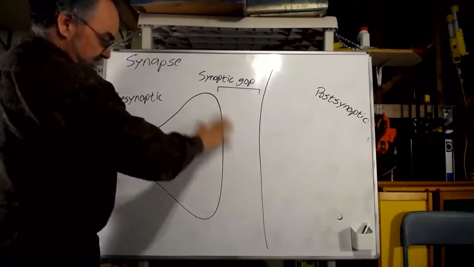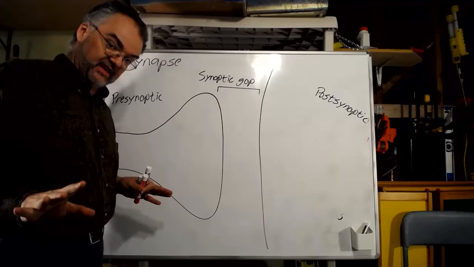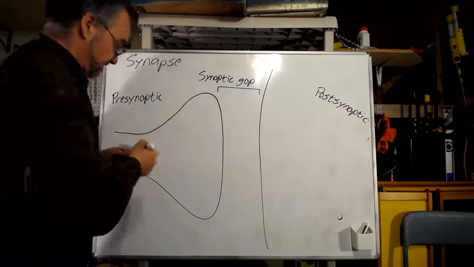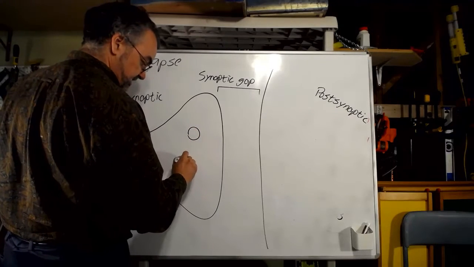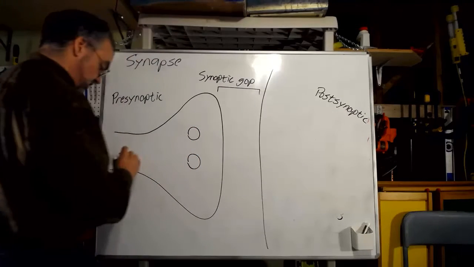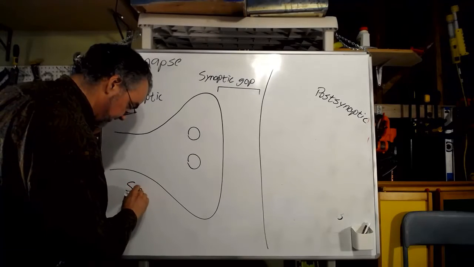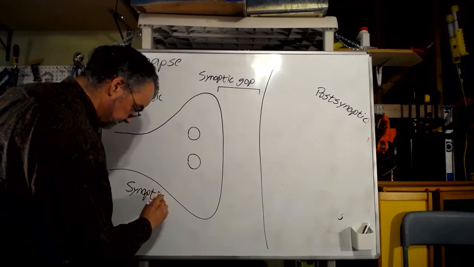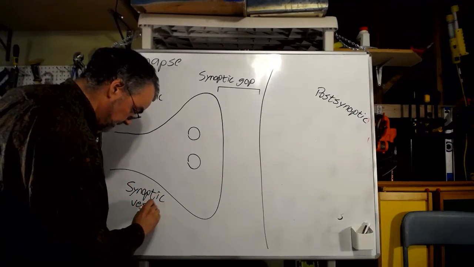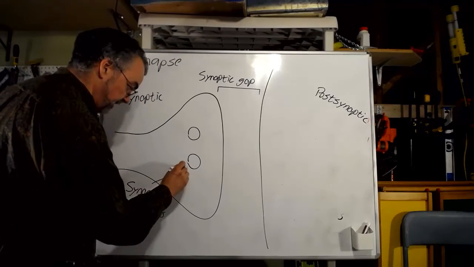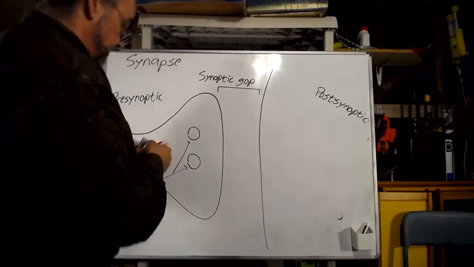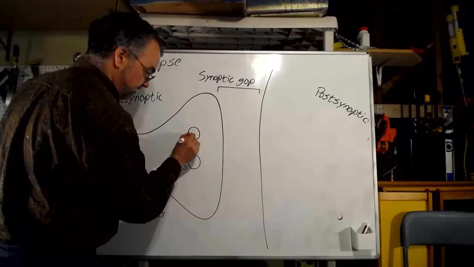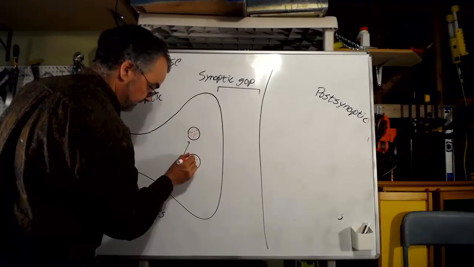So this here is an axon terminal, the end of the axon, and there's some specialized structures in an axon terminal. One of the most important ones for our purpose here are these things called synaptic vesicles, which are little bubbles of membrane that are filled with some kind of chemical.